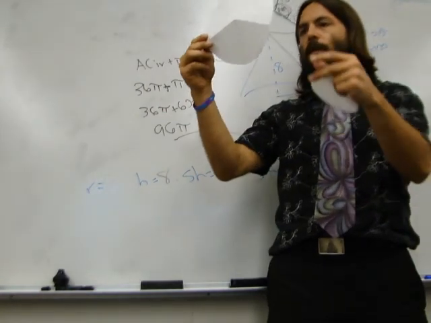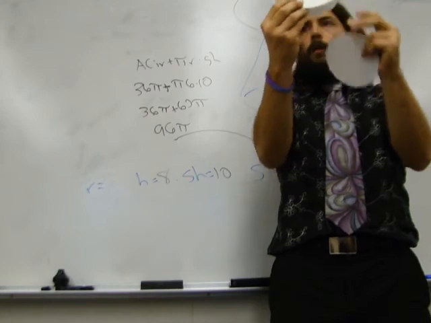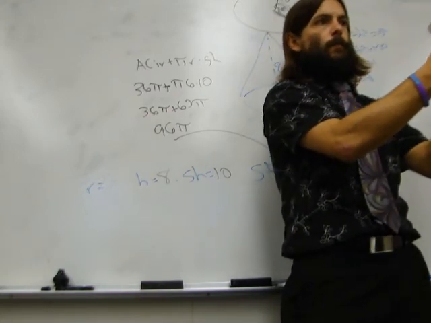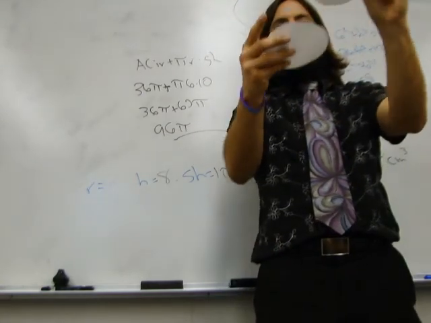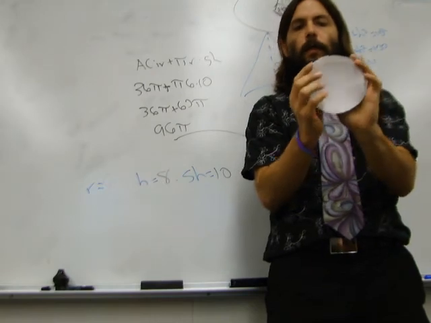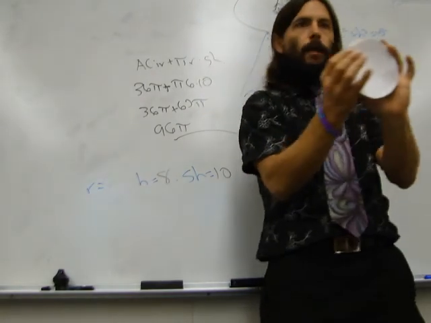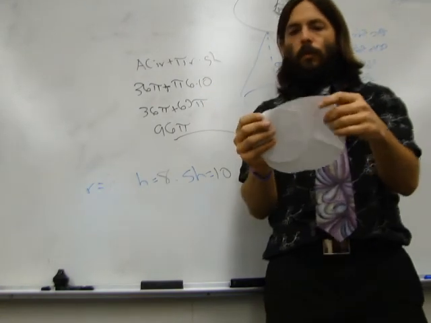What I can do with this is fold along each radius and make it into a cone. And magically, or mathematically, depending on your perspective, it makes a circle base exactly congruent to the circle that we already had. So there's your cone. Show it to you one more time.